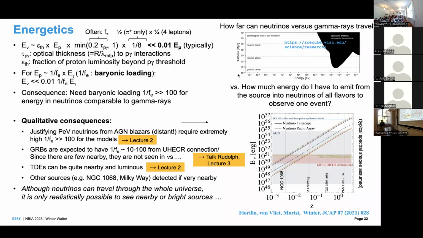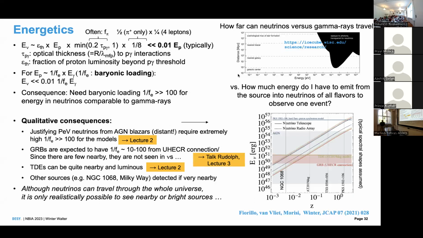And you can already see at this place, in principle, if you look at the typical energies or luminosities of AGN blazars, that since they are actually optically thin in most cases, you need very high baryonic loadings because these things are very distant. So these sources, they're very far away. The AGN blazars, typically the ones which have been observed at least, require very high neutrino energies, and you only get that if you have very high baryonic loadings.